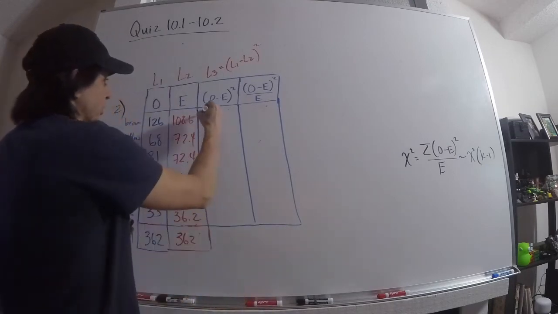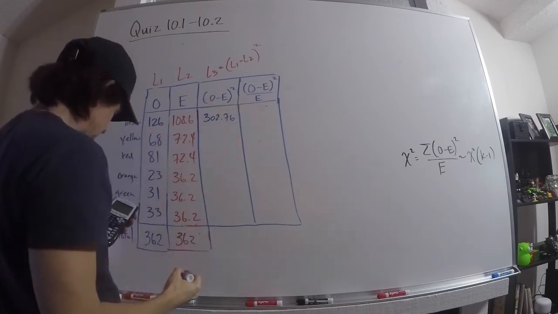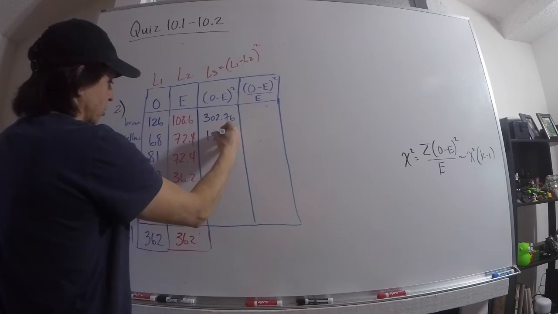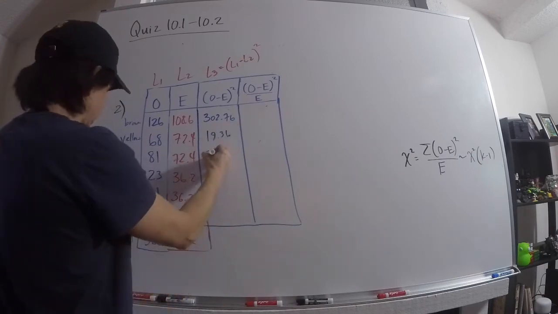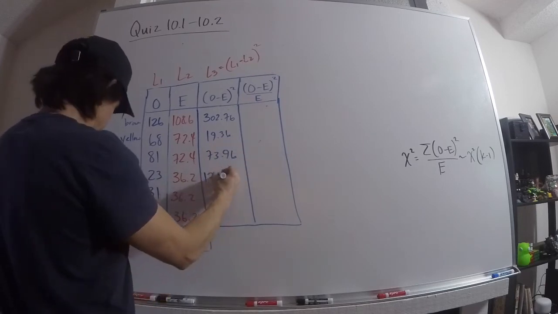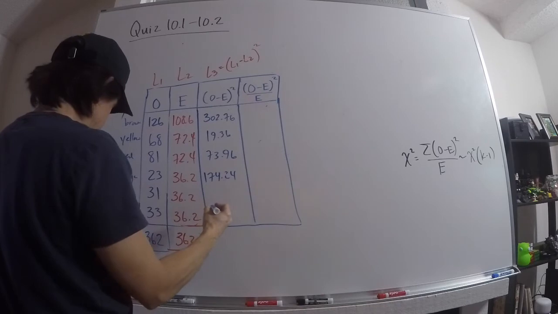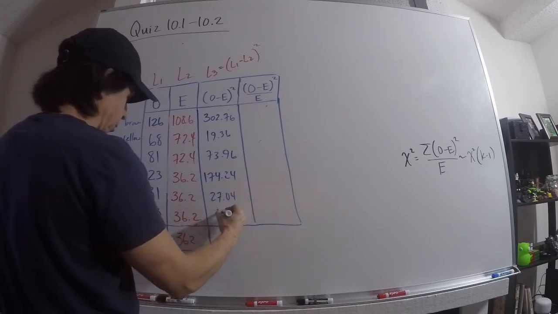The results are 2.76, 19.36, 73.96, 174.24, 27.04, and 10.24.